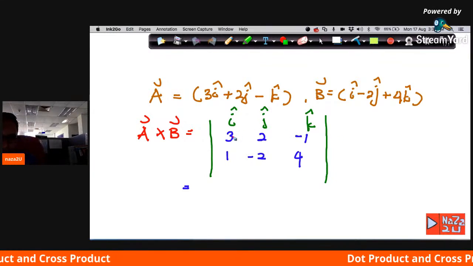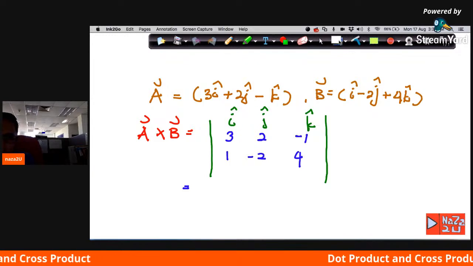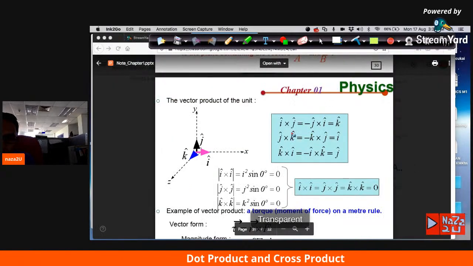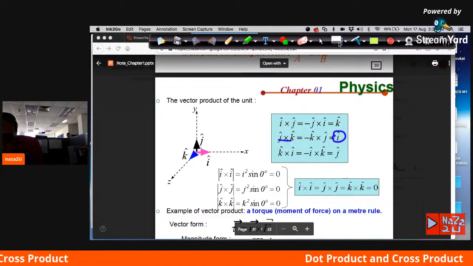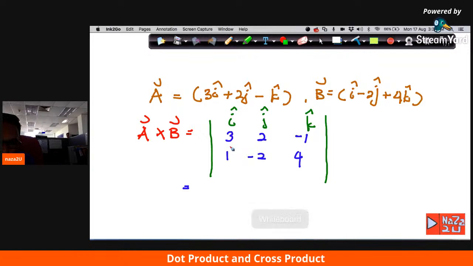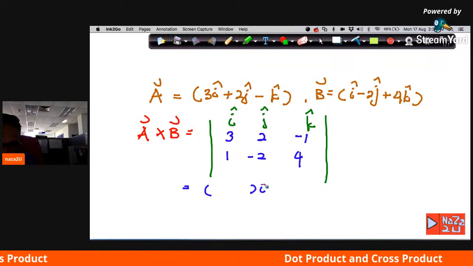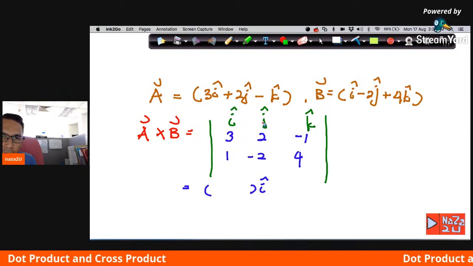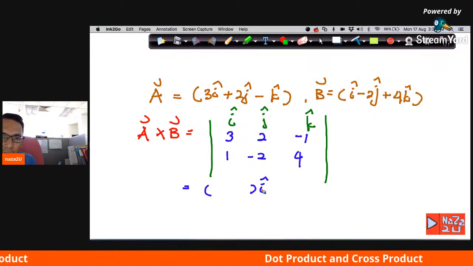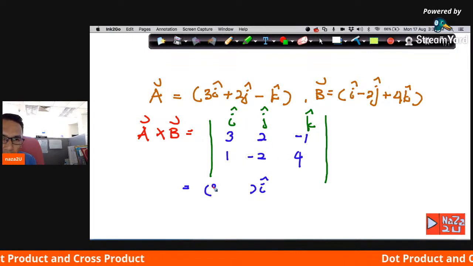Okay, so next, what you need to do now is, for vector I, J, K, we want to find vector I. So how can you find vector I? If you look at the notes just now, to get vector I, we have J cross K. So we cover I here, J cross K. So this is for vector I. So J cross K: this is 2 times 4, this is 8.